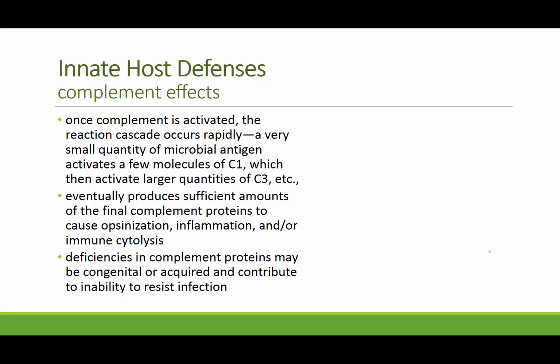And it's possible for people to be born with a deficiency, the inability to make these complement proteins, and that can create in these individuals the inability to resist infections. So that's a tough thing if you've got that happening.